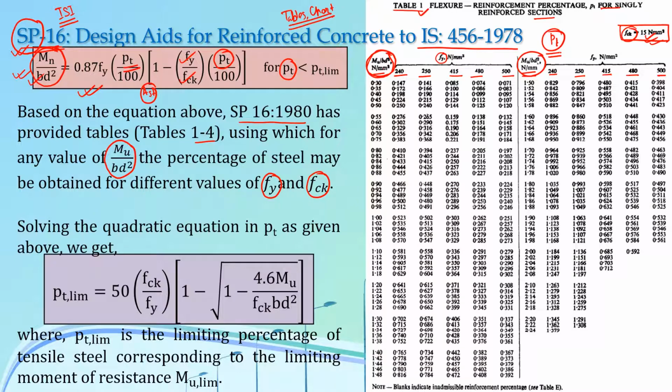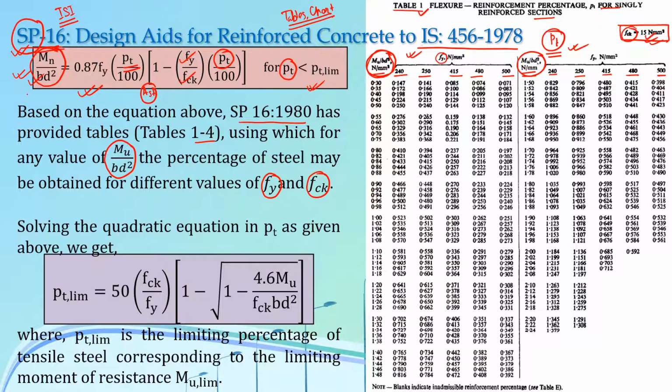So if you want to use SP16 in your design process, you need not use this formula. Instead, you can directly refer to these tables here. So this is one easier way to analyze your structure. Instead of using these big formulas, you can directly use the tabulated values given in SP16.